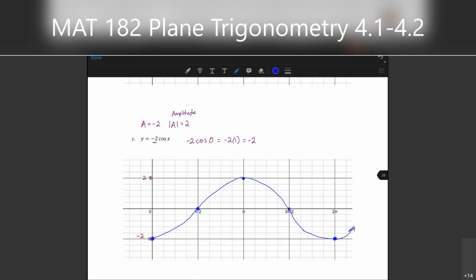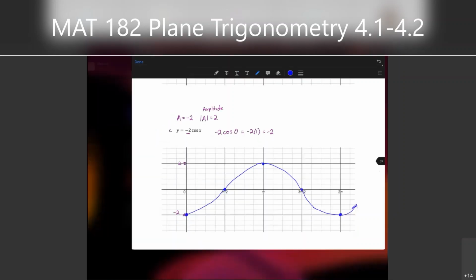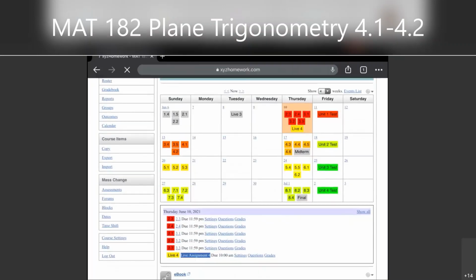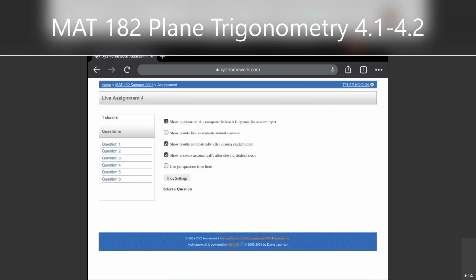Okay, so let's take a look at a live problem. Live assignment 4, we'll take a look at a graphing problem in there so you get a chance to take a look at those. The live assignment 4, you can join in.